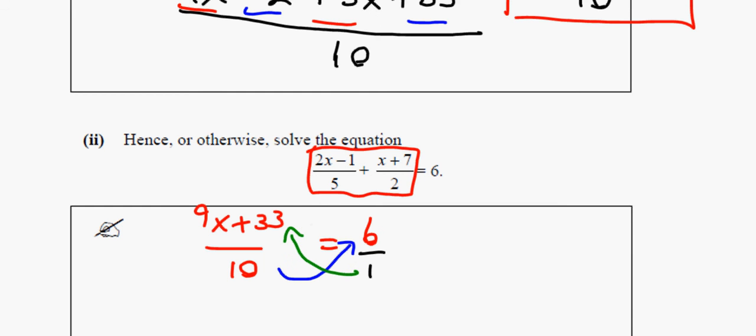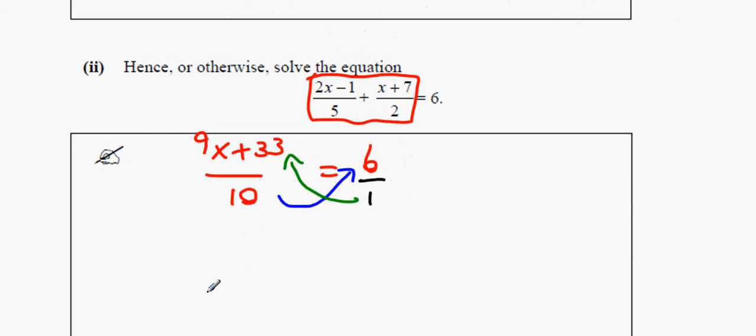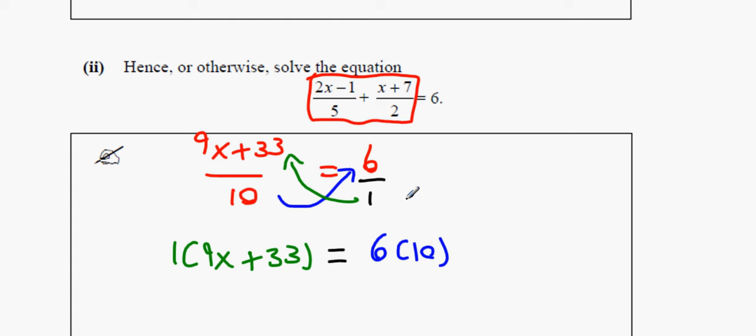So what we should have here is 1 multiplied by 9x plus 33, and this equals 6 times 10. So all we got to do is just multiply these out. And what we're going to get is 9x plus 33 all equals 60.